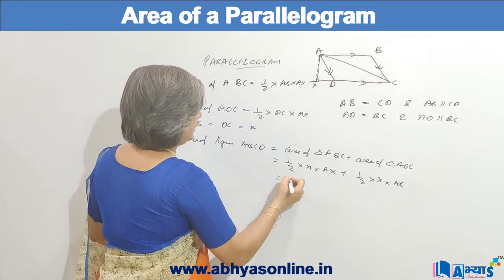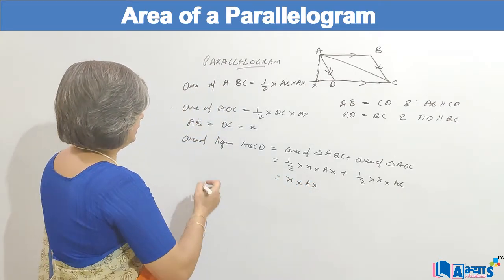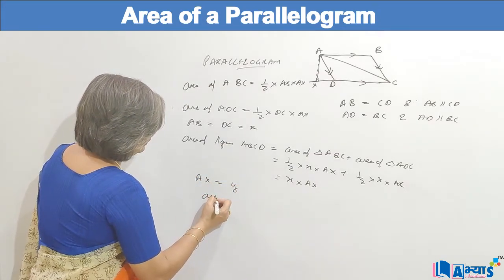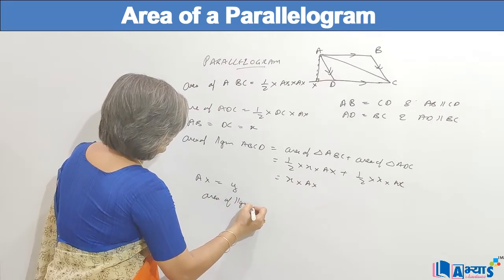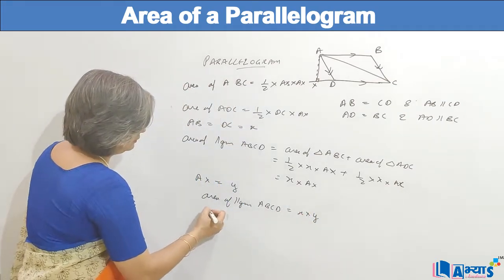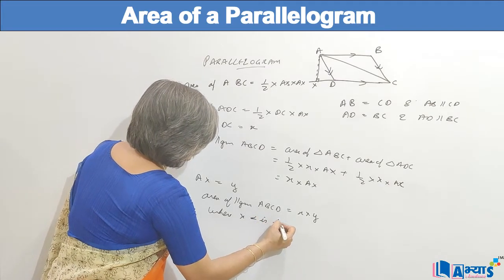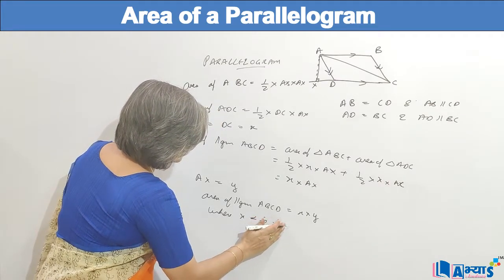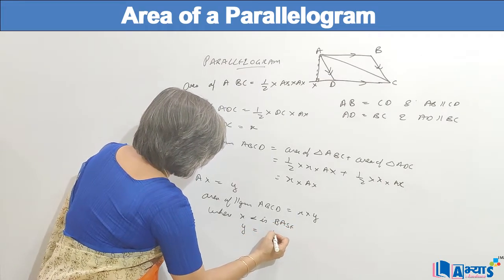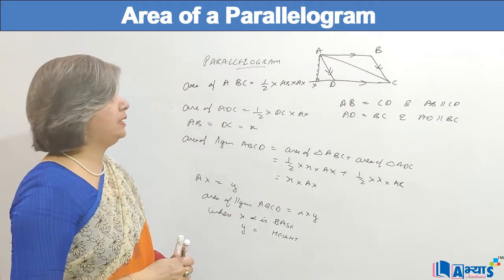Now let AX be equal to Y. So area of parallelogram ABCD will be equal to X into Y, where X is the base and Y is the height. So we can say the area of a parallelogram is base into height.